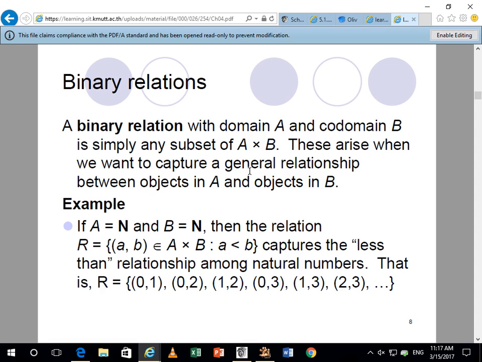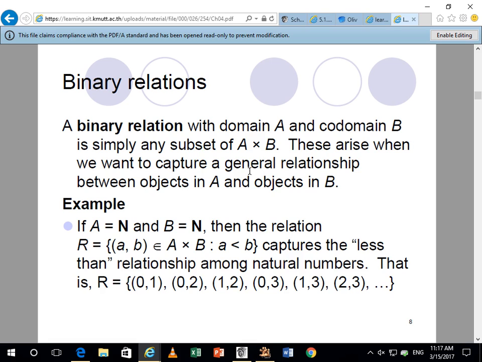Okay, so let's talk about binary relations. So we start with functions. We show how you can define a function, how you represent a function. Functions have rules, so this relationship between the input and the output. Let's look at the binary relations.